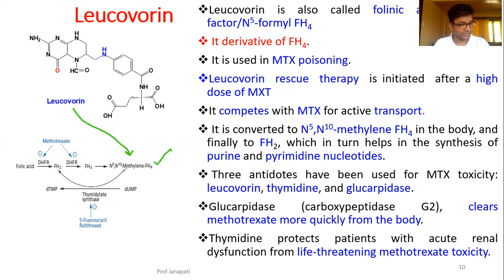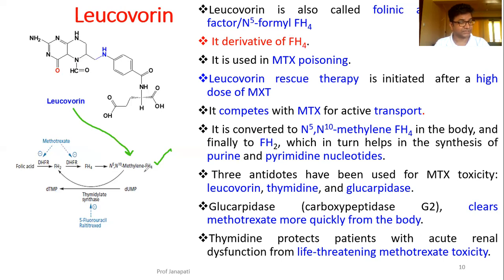You can see in this diagram, N5N10 methylene FH4 is converted to FH2, and FH2 is converted to FH4. During this process, deoxyuridine monophosphate is converted to thymidine monophosphate. If the purines, pyrimidines and this cofactor are not present, our body will try to get those things.